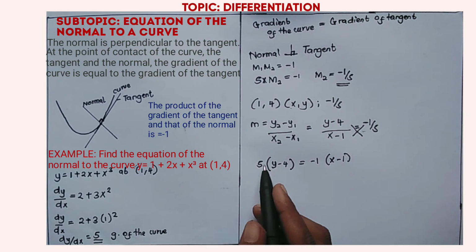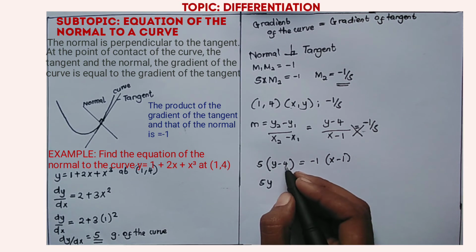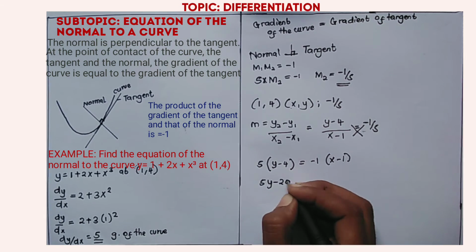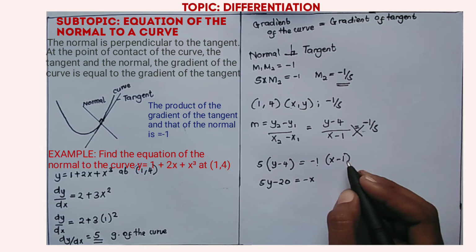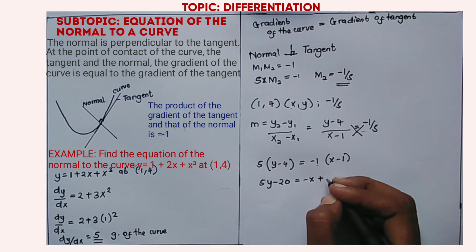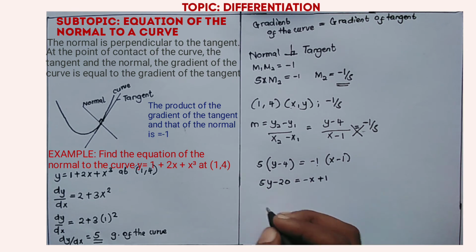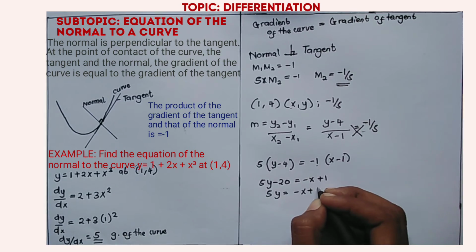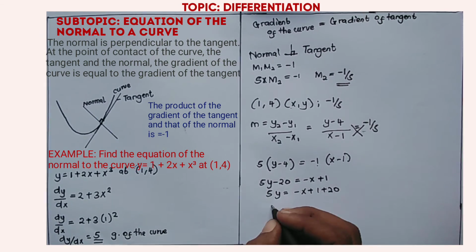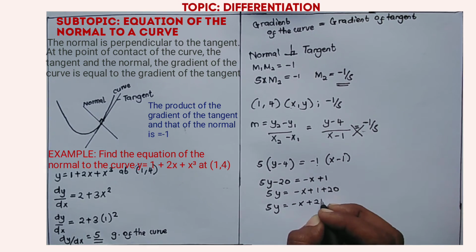If I open the brackets, that will be 5 times y, which is 5y, and 5 times -4, which is -20, is equal to -1 times x, which is -x, and -1 times -1, which is +1. If I take 20 to the other side, it will be plus 20. So 5y is equal to -x plus 1 plus 20, so 5y is equal to -x plus 21.